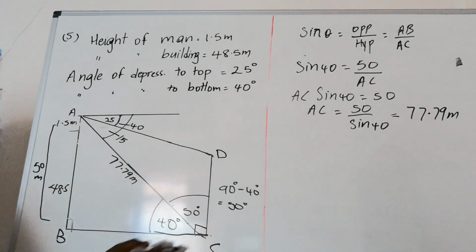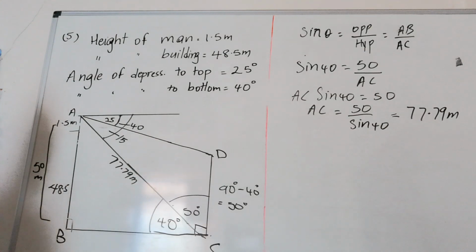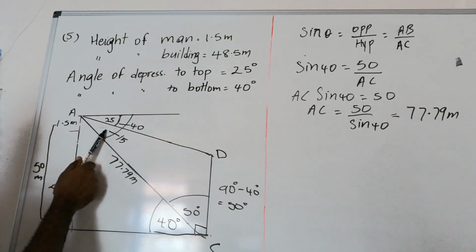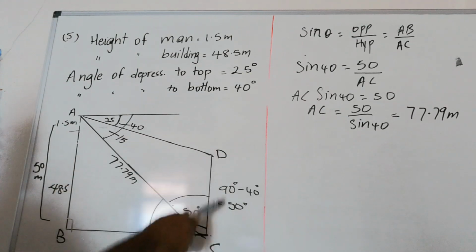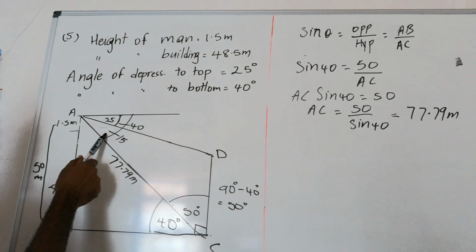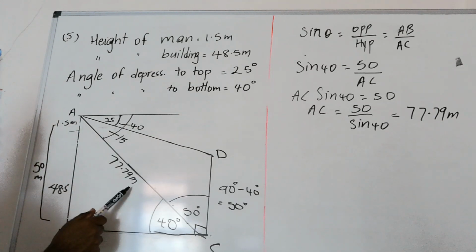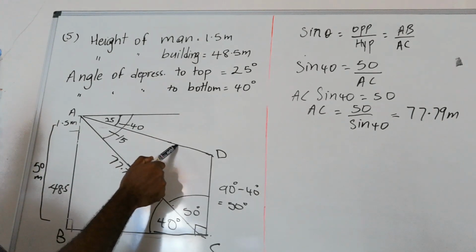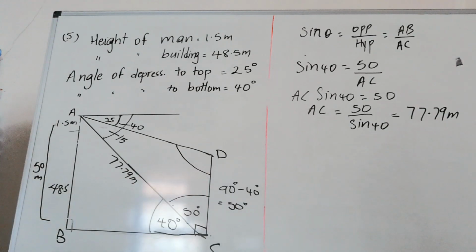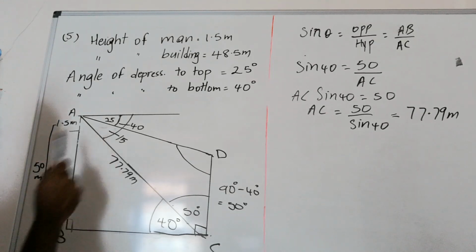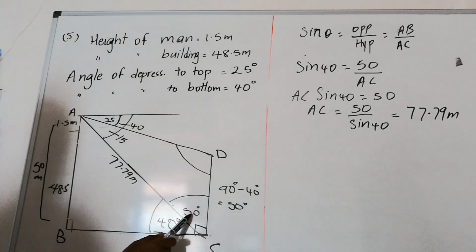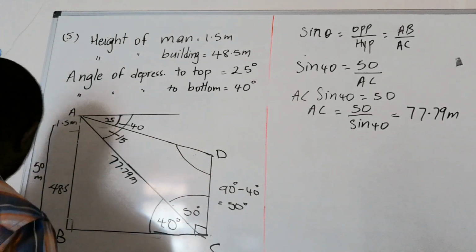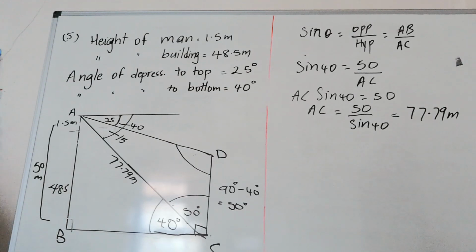Remember, what we're trying to find is DC, and we want enough information to see how we'll find DC. Here we know this angle, and DC is opposite the angle we have here. We have this length here. If we can find the angle opposite it, we could use our sine rule to find the height DC. So if here is 50, here is 15, how would we find that angle there?